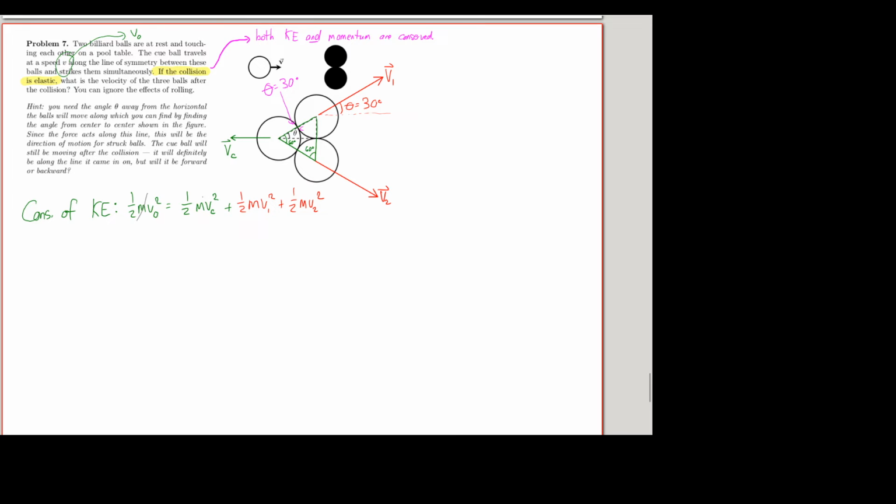Can cancel the m's, can cancel all the 1/2s.